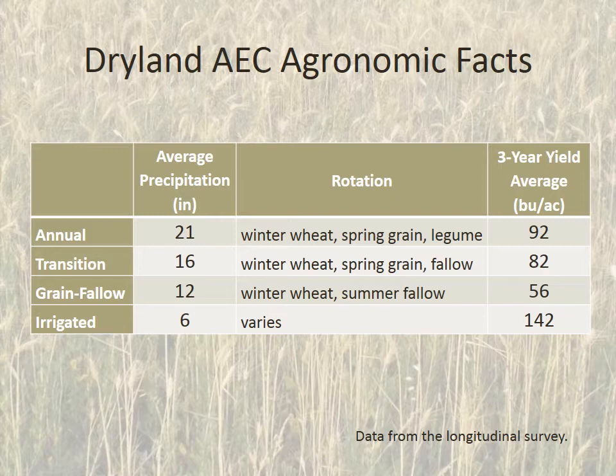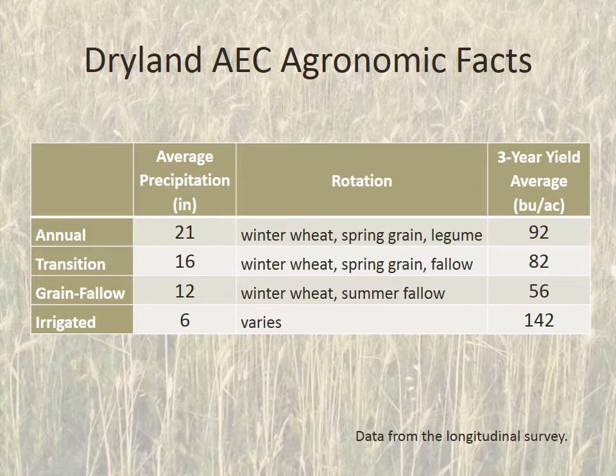For rotation, in the annual class, we have a pretty typical 3-year rotation of some sort of winter wheat, a spring grain, and then typically a legume. In the transition class, where fallow starts showing up in the rotation, a typical 3-year rotation would be winter wheat, a spring grain, and then a year of fallow. In grain fallow, it's mostly always winter wheat, summer fallow, with a few exceptions.